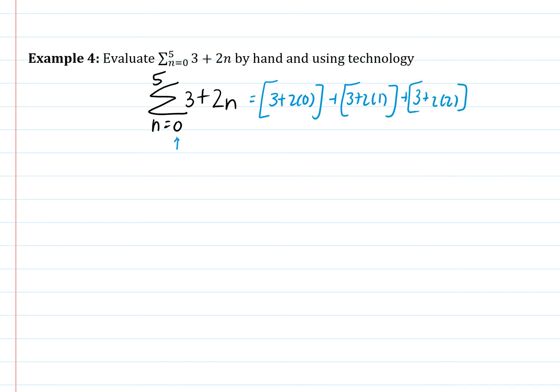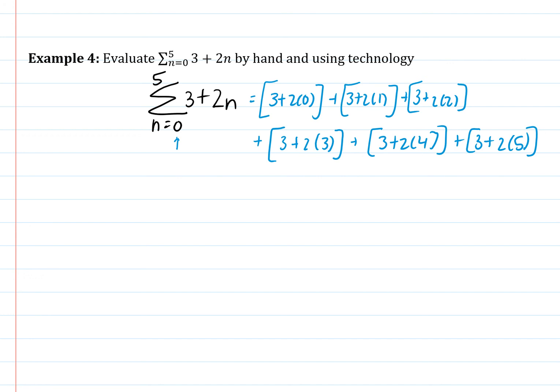So this is a little bit tedious, which is why we have a calculator to do this for us. So I'm substituting in consecutive terms between 0 and 5. So 3 plus 2 times 0, that's just 3, plus 5 plus 7 plus 9 plus 11 plus 13.